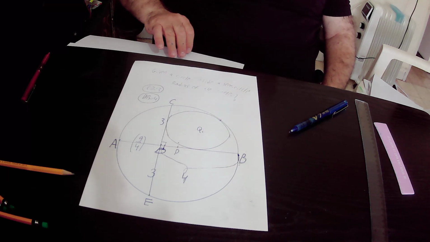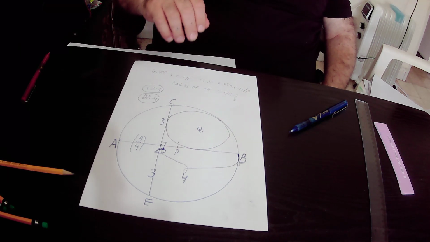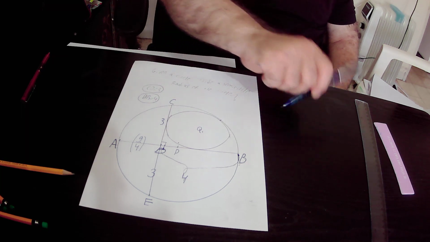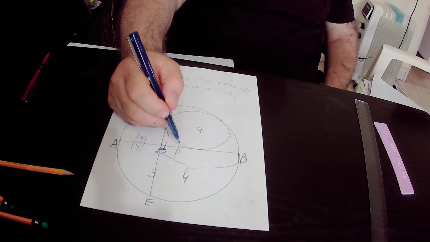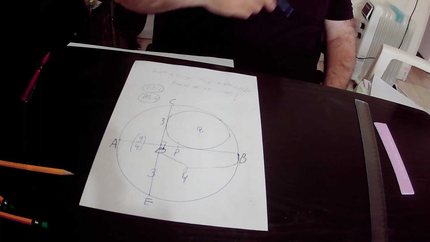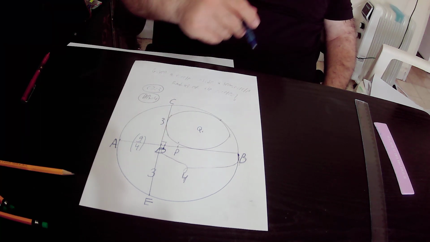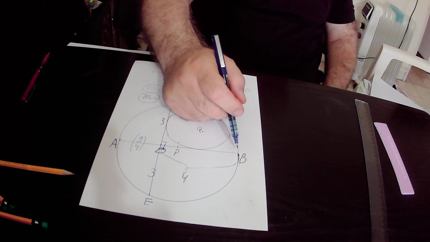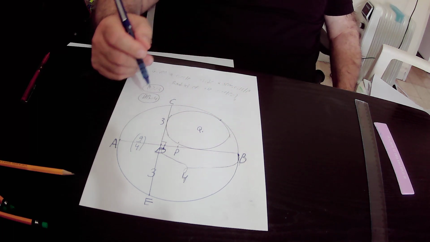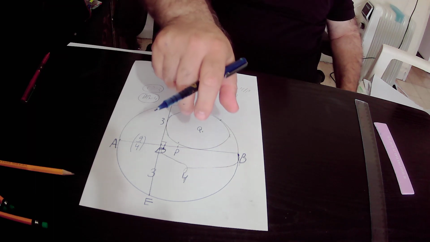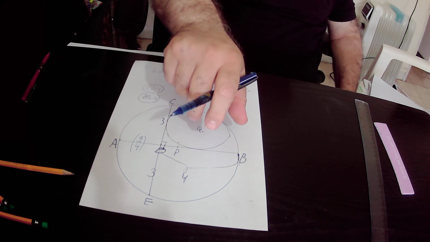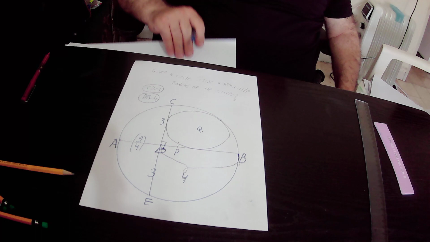We know that line segment PB starts from point P, point P is the center of the circle and also the semicircle, and point B is a point of the circle itself. And this is exactly the definition of a radius. That is to say, PB is the radius of the big circle that is equal to capital R.